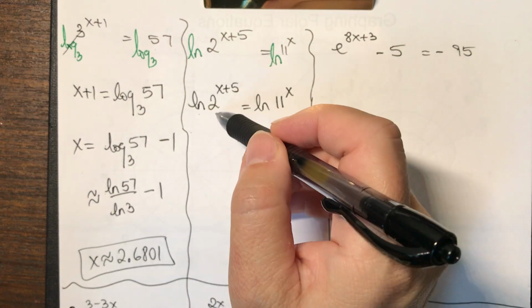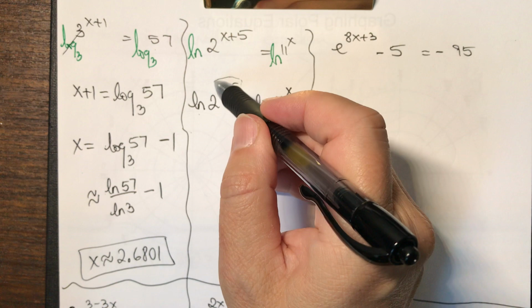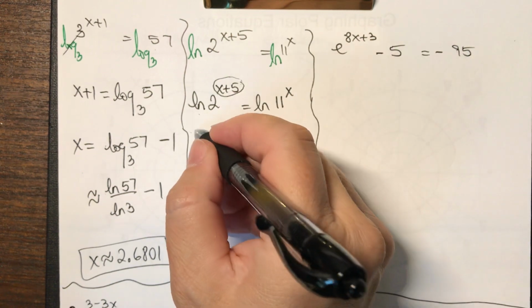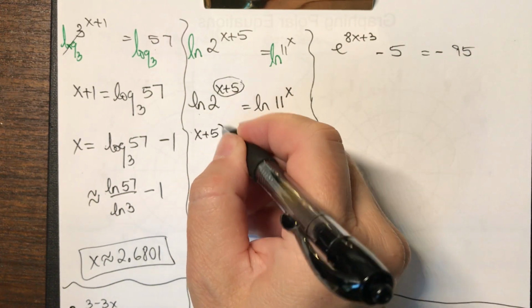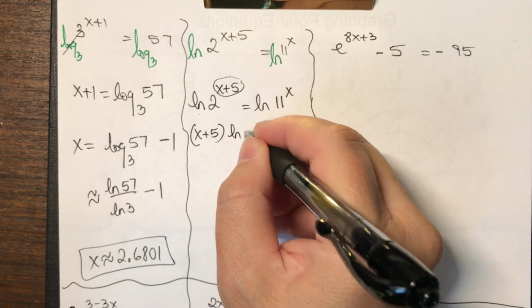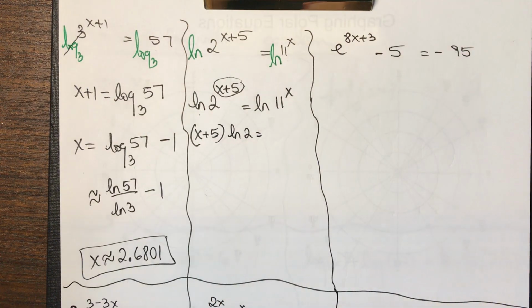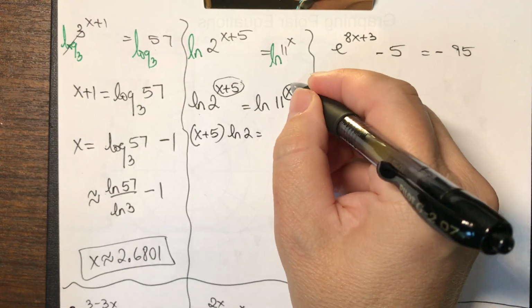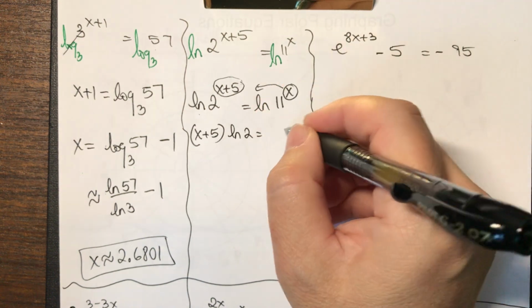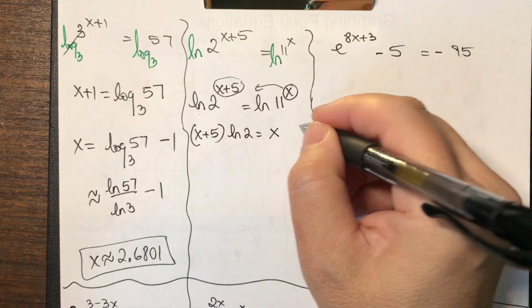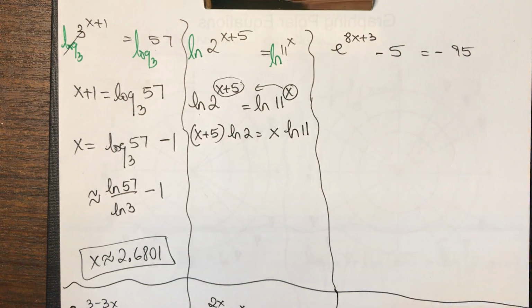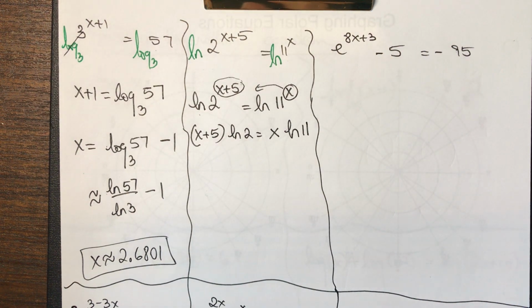If you have inside a log a number with an exponent, what can we do with that exponent? We can take that exponent up front. And the same thing here, there's an 11 with a power of x. So that x gets to be thrown up front, and there you have it. So we're back to a linear equation.